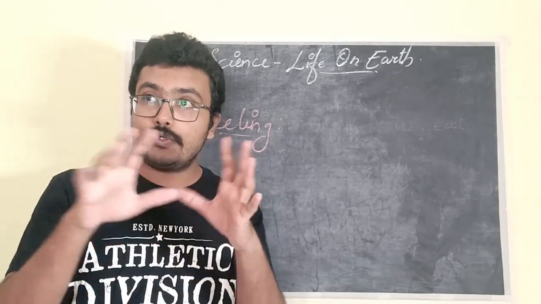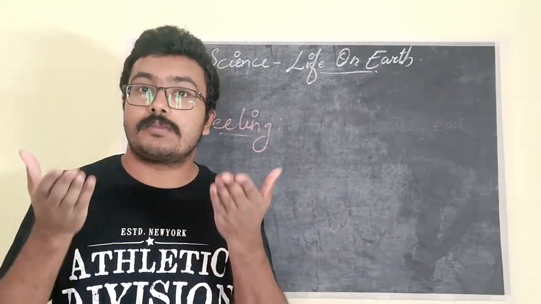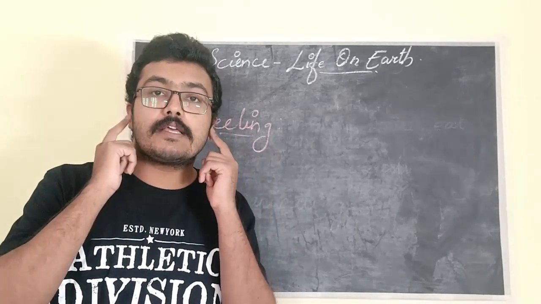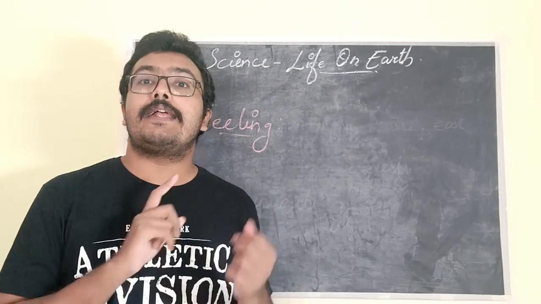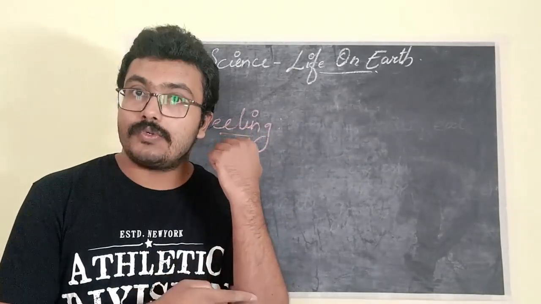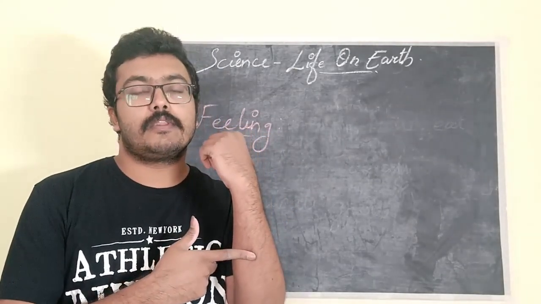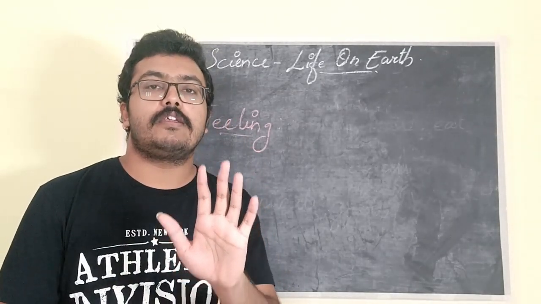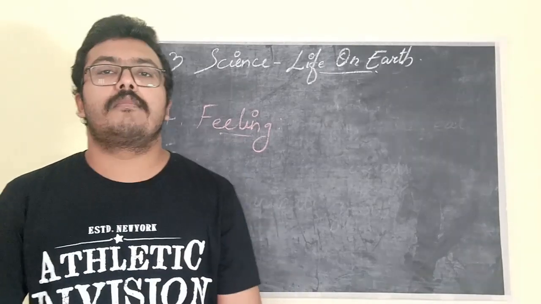Eyes are used to view, nose is used to smell, tongue is used to taste, ears are used to hear things, and skin is used to sense touch. These five sense organs are very necessary for a living thing.